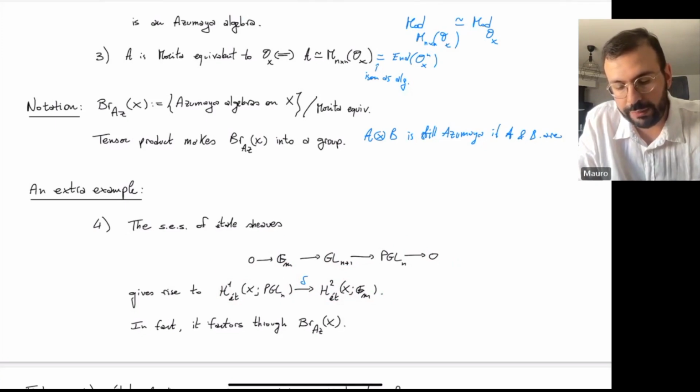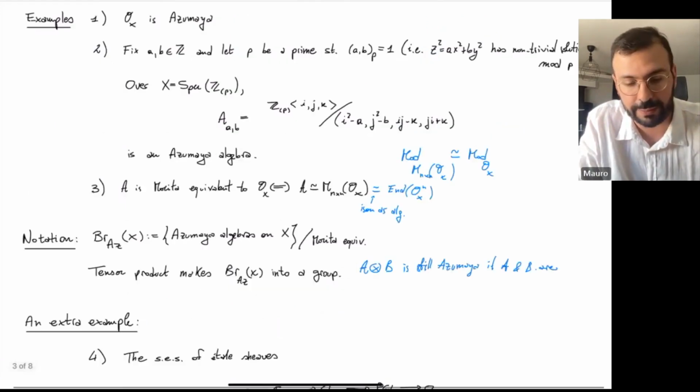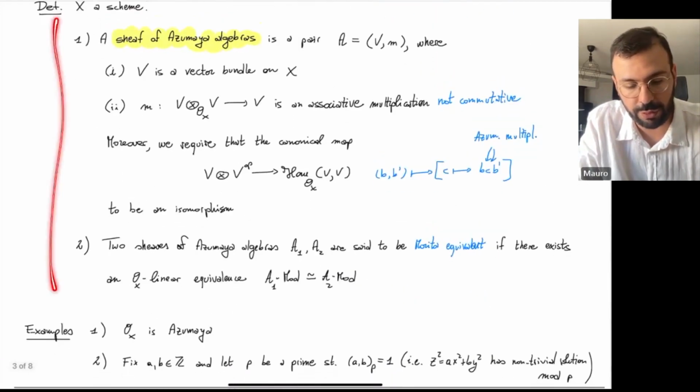And so we see that any torsor for this algebraic group gives rise to a class in the Brauer group. And it is a fact that this boundary map actually produces Azumaya algebras in the sense of this definition.